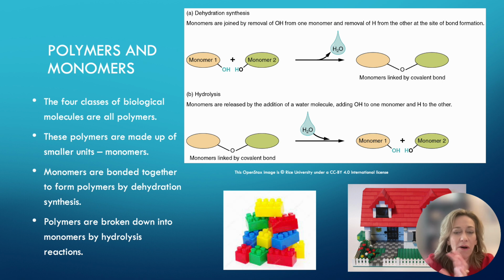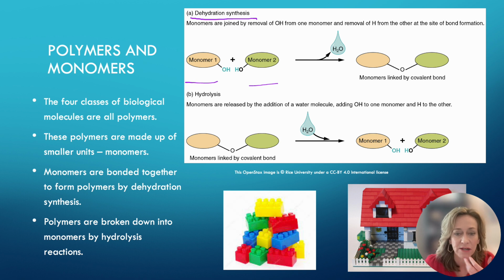Now, I'm not going to go through all the details about biological molecules because if you want to review that, you can go back to lesson 3. But what I want us to see here is, remember I mentioned in the last slide, dehydration reactions or dehydration synthesis are how monomers are bonded together, right, to build up to be a polymer. These are generic monomers, right? These could be the monomers of a carbohydrate. These could be the monomers of a protein. But what happens is, through this process, a molecule of water is lost.